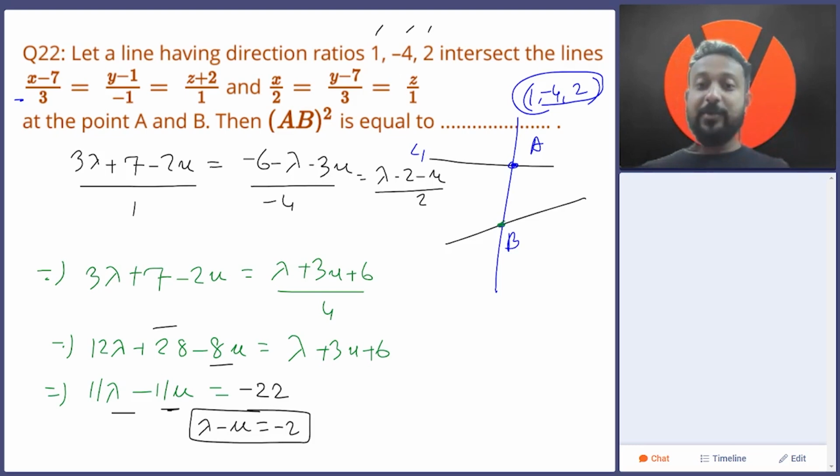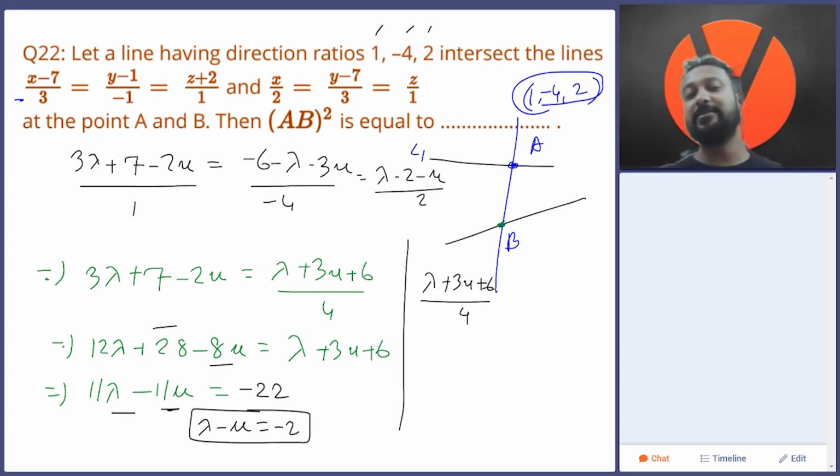So for the other equality, you can take anything. Again, lambda plus 3 mu plus 6, I am taking, divided by 4. I've taken the minus sign. Lambda plus 3 mu plus 6 by 4 is equal to how much? Lambda minus 2 minus mu upon 2. If you cross multiply, I think 2 and 4 will cancel.